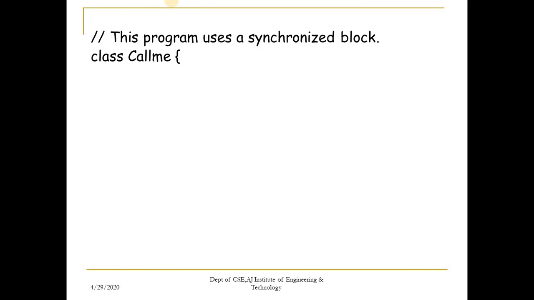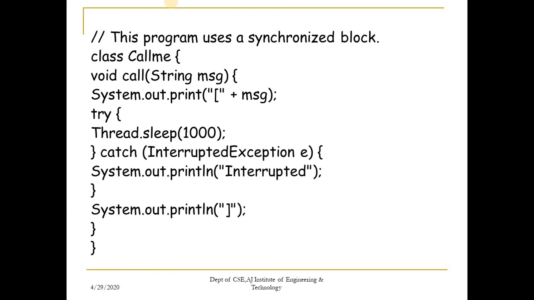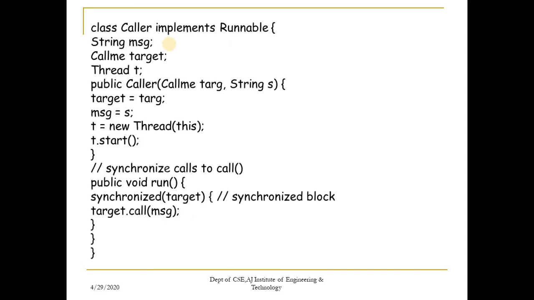So this program uses a synchronized block now. How can we convert this program to use a synchronized block? We had the call method, right? And after that we had the caller class. Here, inside the run method, we have created the synchronized block from here till here.